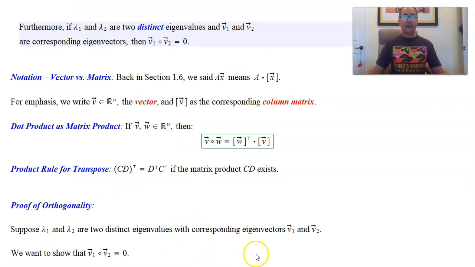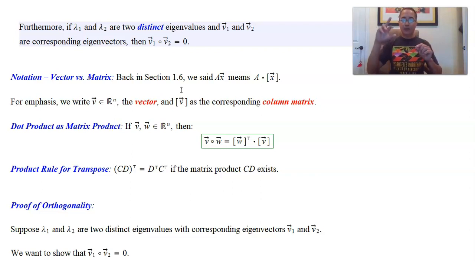As I mentioned, we are able to prove that eigenvectors from different eigenspaces have to be orthogonal to each other. So to prepare for that, remember what happened when we proved in general that the rows and the columns of an orthogonal matrix have to be perpendicular to each other.